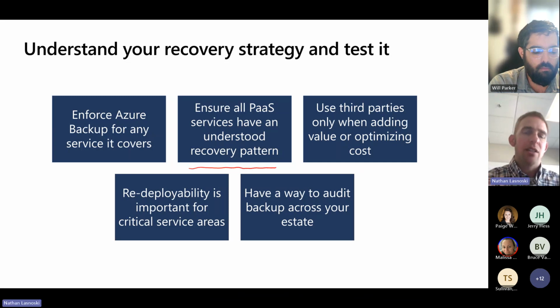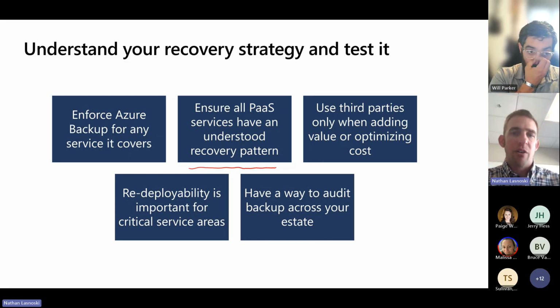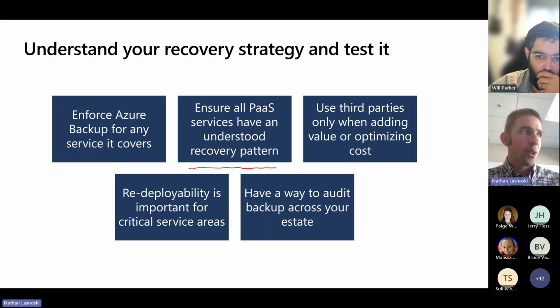And especially this one in the middle here, ensure all PaaS services have an understood recovery pattern. Sometimes we're really good at recovering the virtual machines, but getting the PaaS services back is a big mystery. The data environment, the AI workloads, a container-based workload, and that's where redeployability is really the thing.